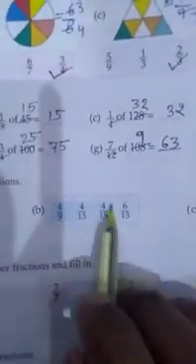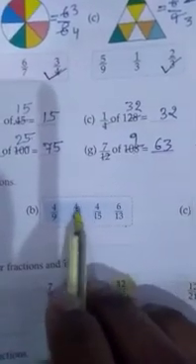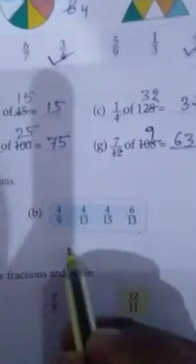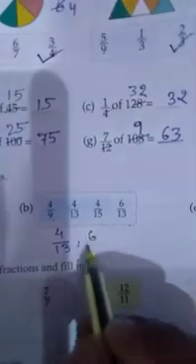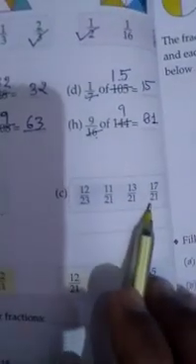Now question B, 4 upon 9, 4 upon 13, 4 upon 15, 6 upon 13. So here we can see that 4 upon 13 and 6 upon 13 are like fractions. So we will write here like fractions 4 upon 13 and 6 upon 13. Now question C, 12 upon 23, 11 upon 21, 13 upon 21 and 17 upon 21.